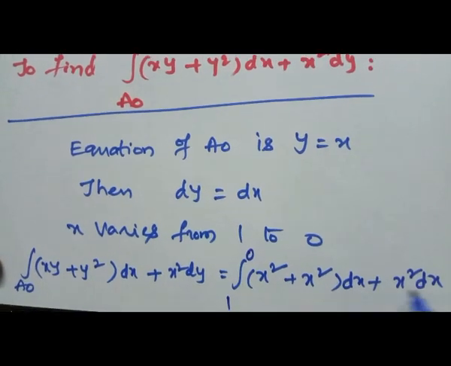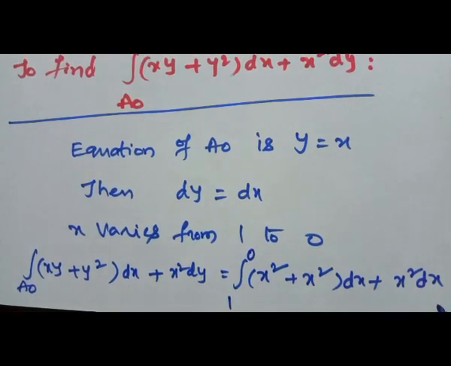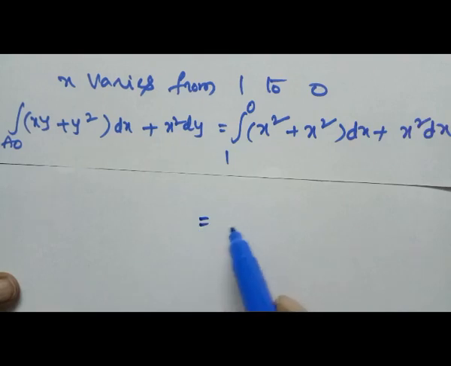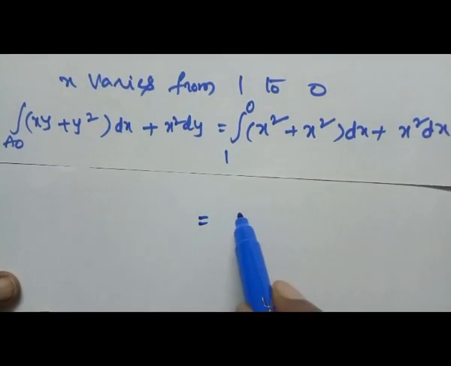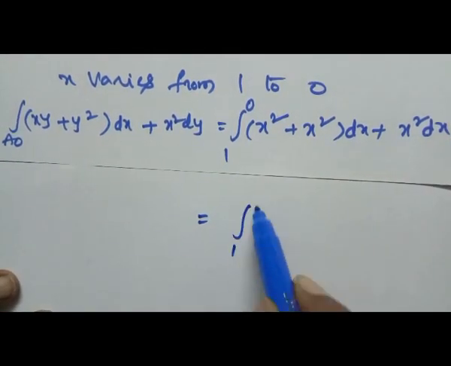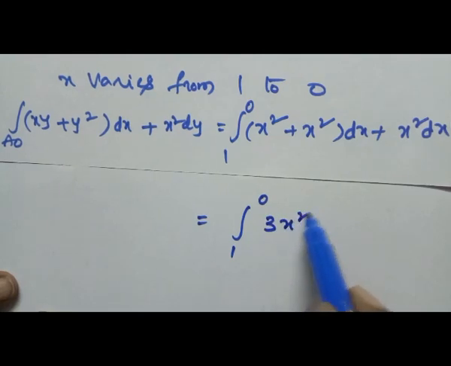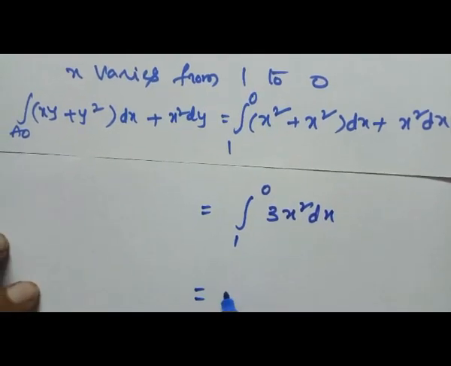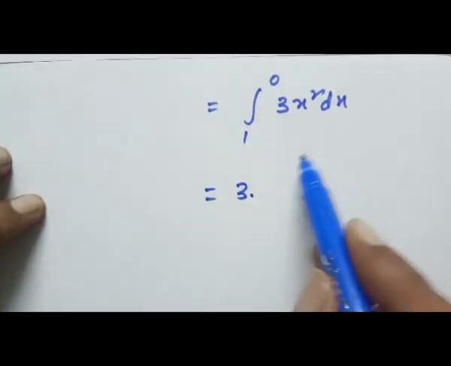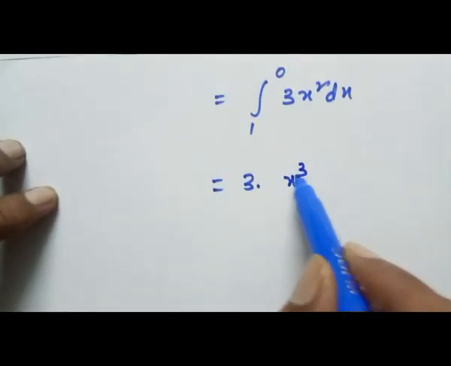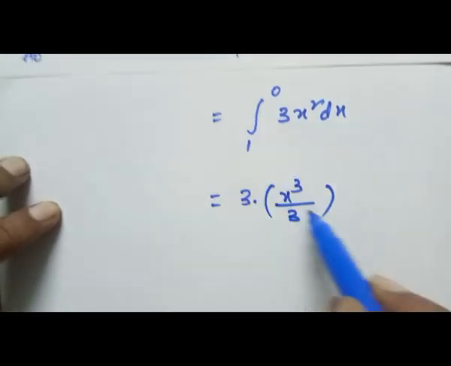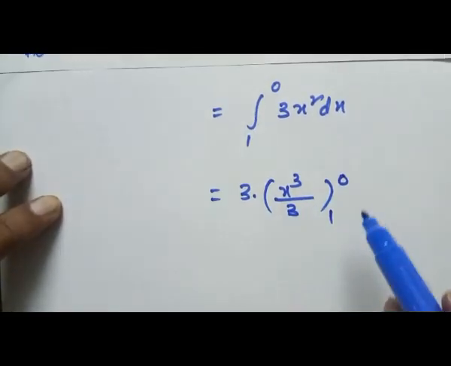Here x square plus x square plus x square gives 3x square dx. So this is 3 times the integral of x square dx, that is x cube by 3, with limits 1 to 0.